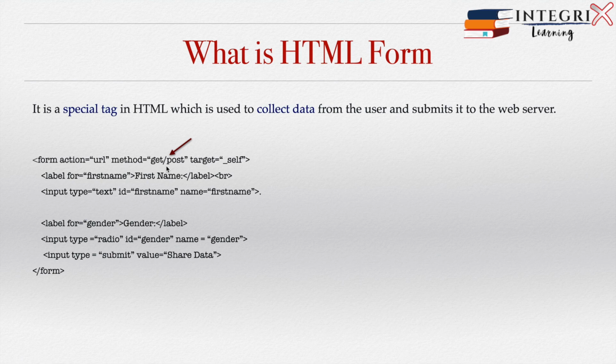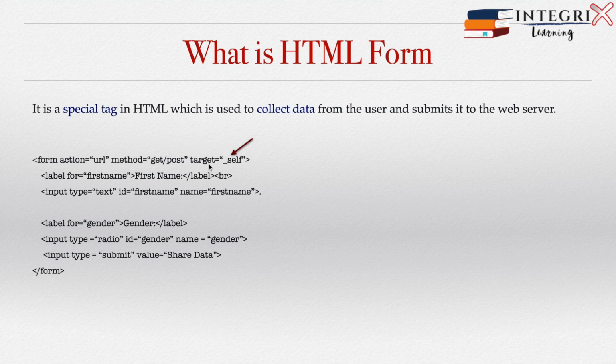When we use post, the data is sent in the HTTP or HTTPS request. The data is not visible in the URL. So when you send data via post, it is more secure than sending it via get.